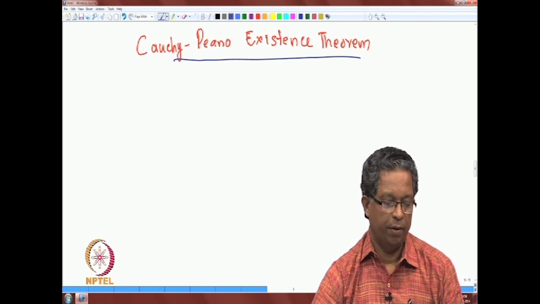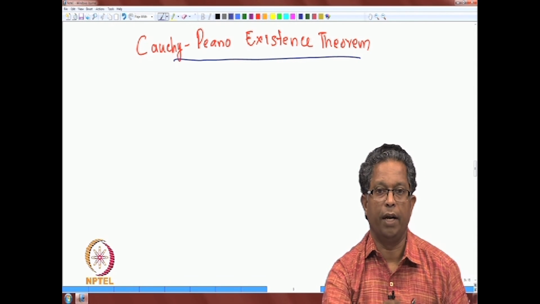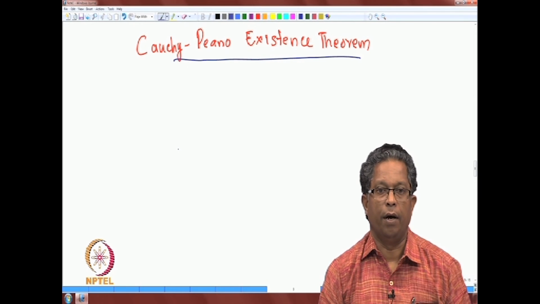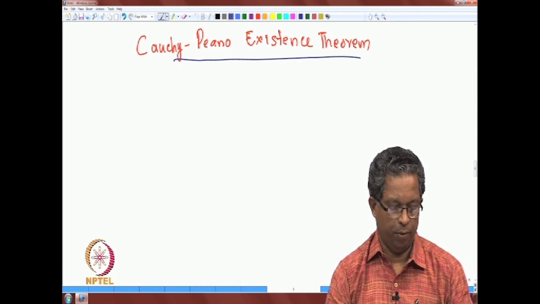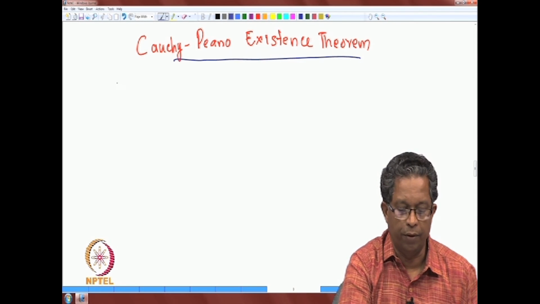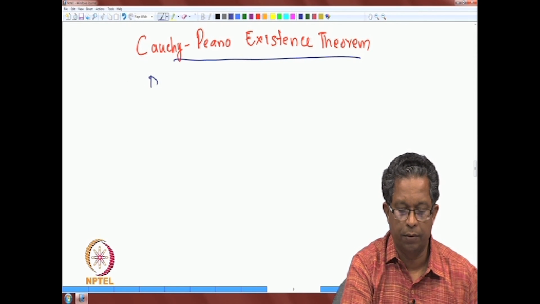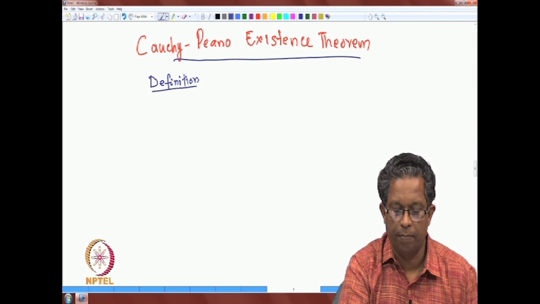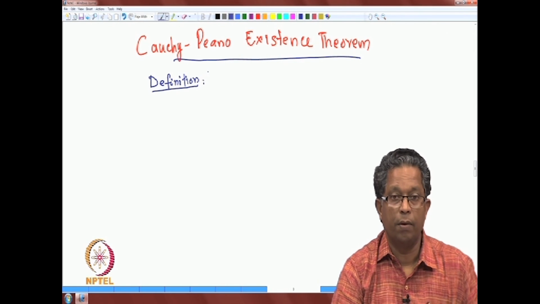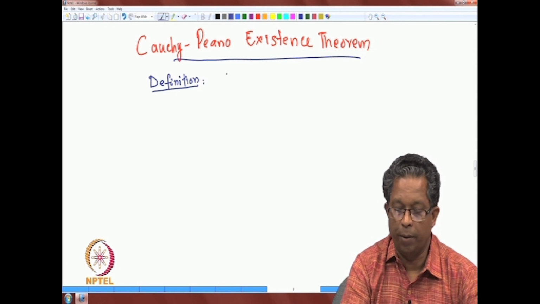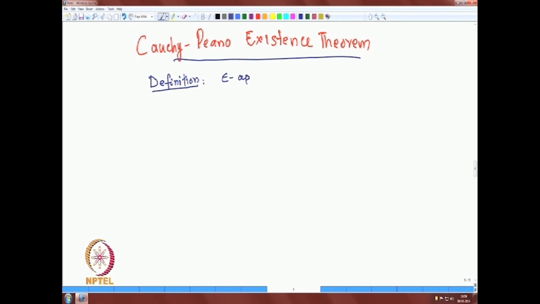For the Cauchy-Peano existence theorem, we first define what is known as an epsilon approximate solution to the initial value problem. So, definition: epsilon approximate solution.